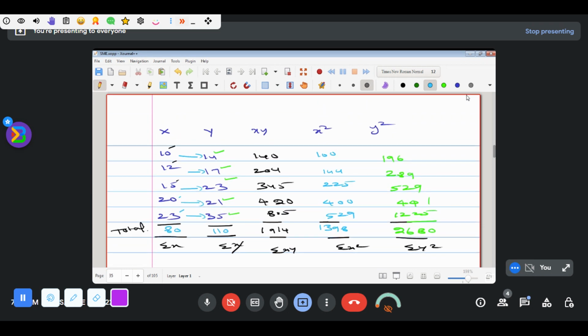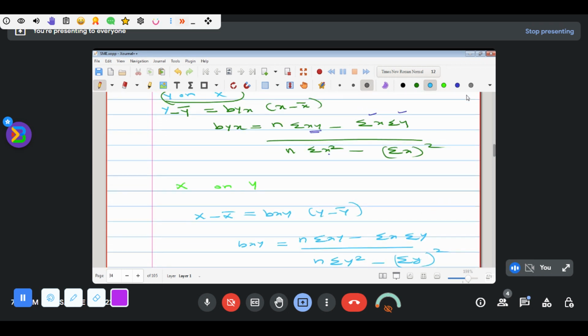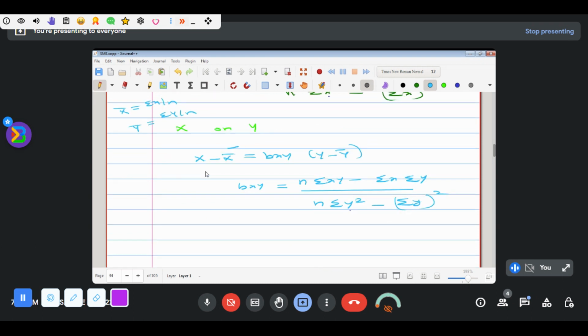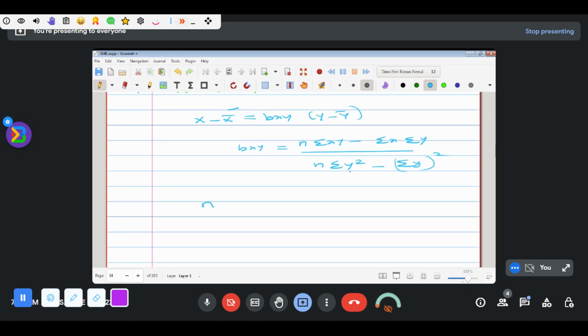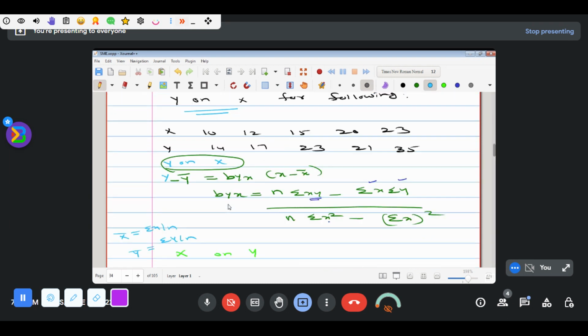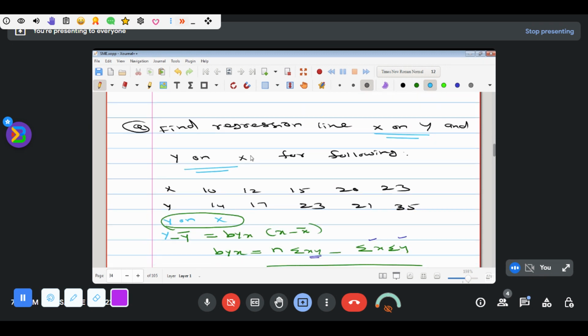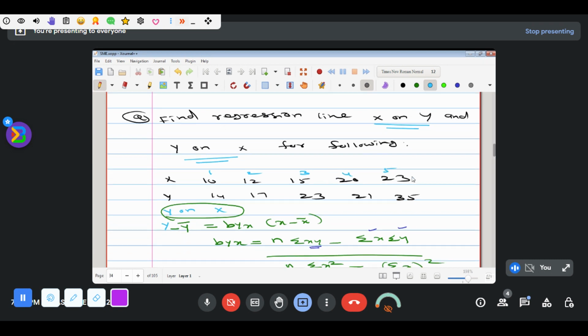Now I am using the formula. I need the x bar and y bar values. You know the formula: x bar equals summation x by n, and y bar equals summation y by n. This is the basic formula. And n, how many items are there? Check: 1, 2, 3, 4, 5 items.